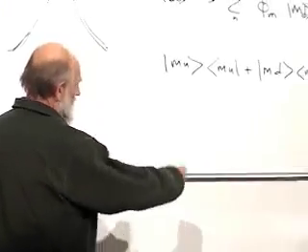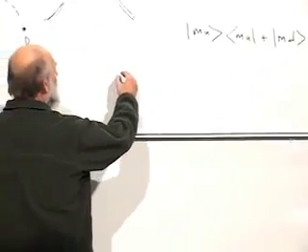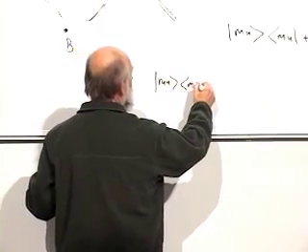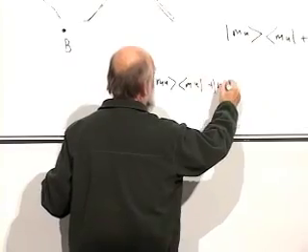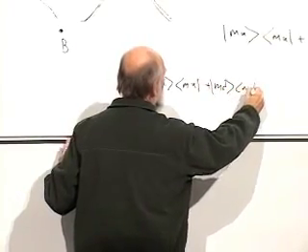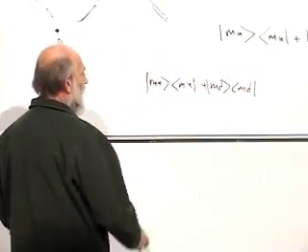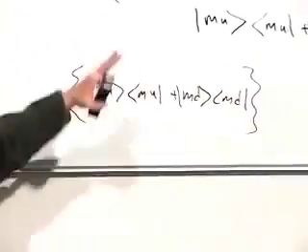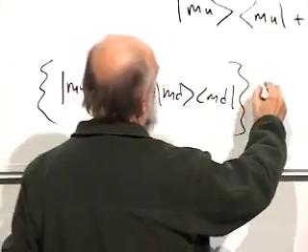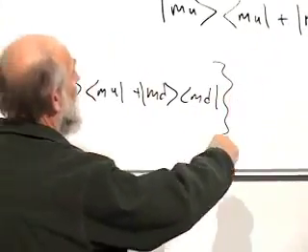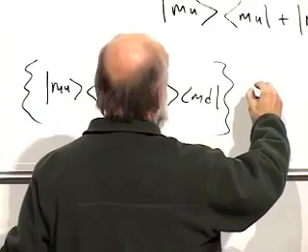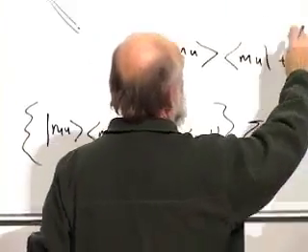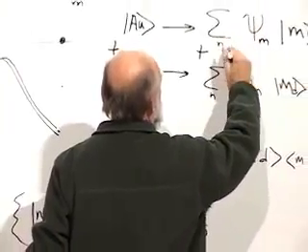All right, let's bite the bullet and do the whole thing. I need more room. M up, M up plus M down, M down. That's the projection operator. Let's put something around it. Now we take the state vector. The state vector is the sum on n. Oh dear.